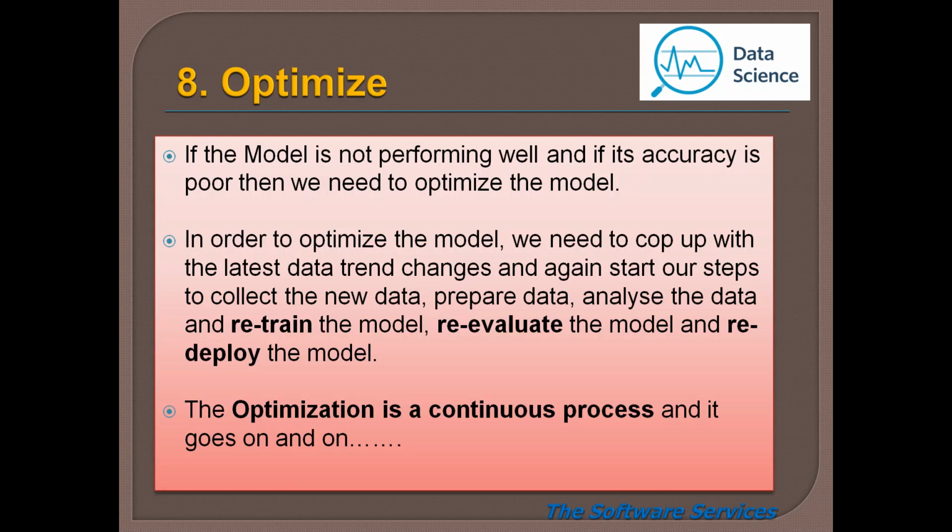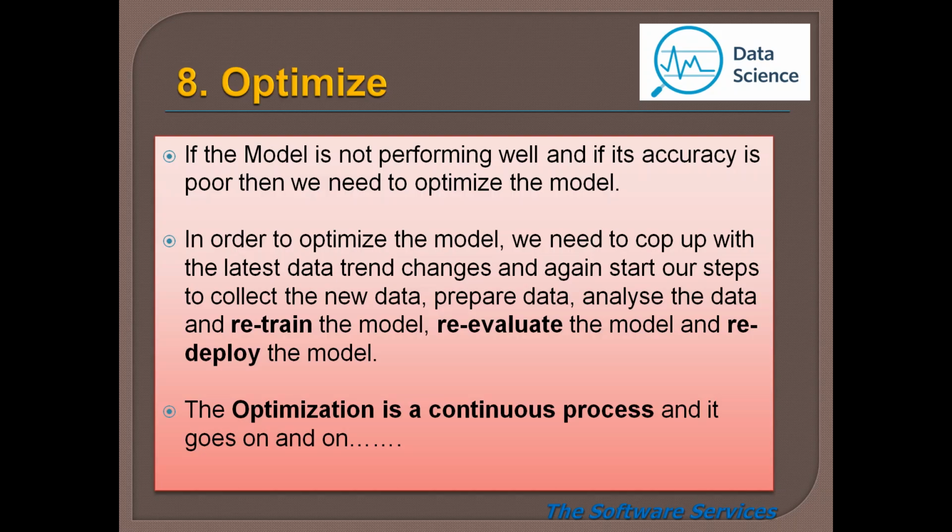So we have to retrain the model with the new trendy data. Then the model will update itself and it will predict properly. So that is the job of optimization, friends.